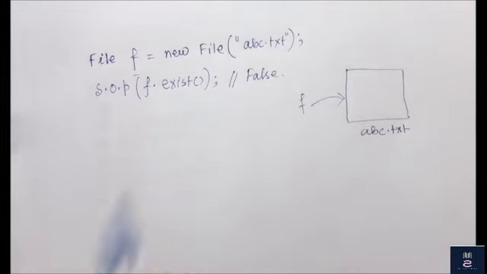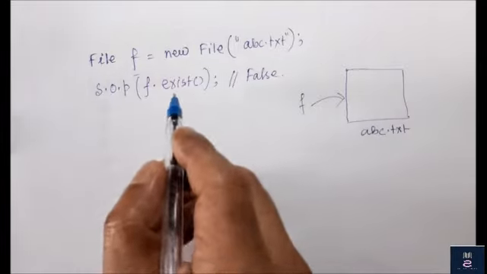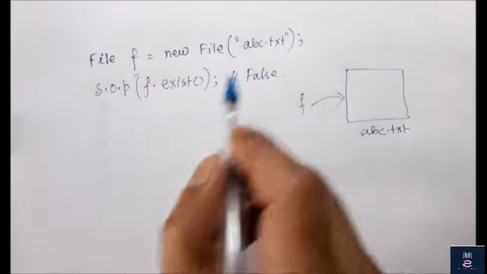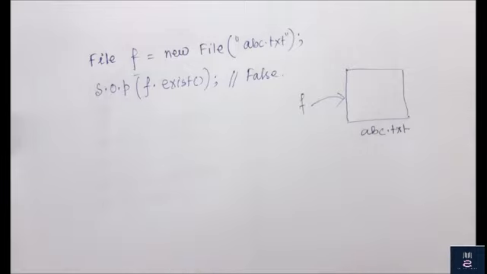Because when I call the File constructor passing abc.txt as a string argument, the file is not actually created. It just creates a reference, or you can say an object, that will point to my file abc.txt. So the first time, if I check whether this file physically exists, I will get a false value.